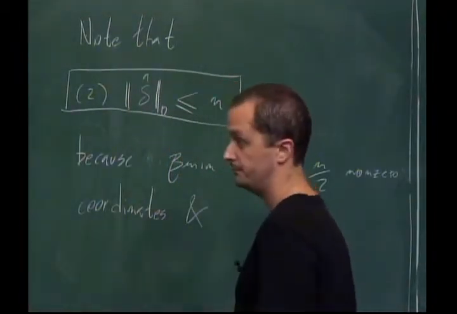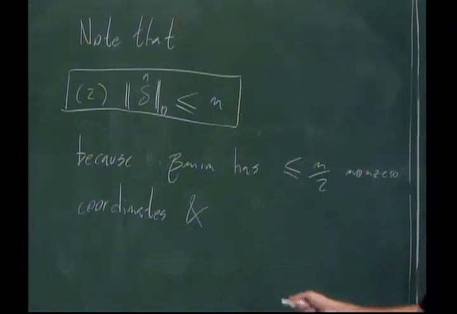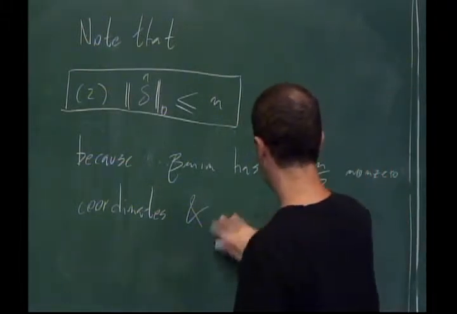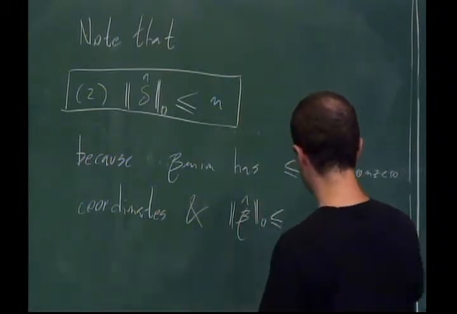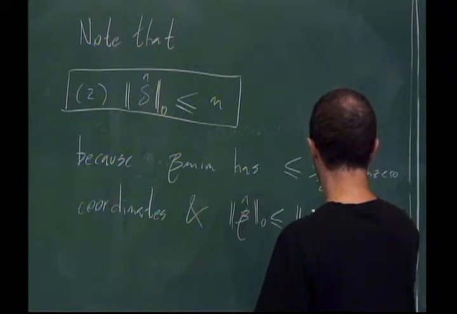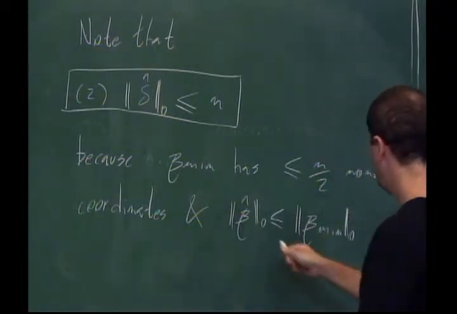And I claim that the same is true about beta hat. Why is that? Necessarily the L0 norm of beta hat is less than the L0 norm of beta min.